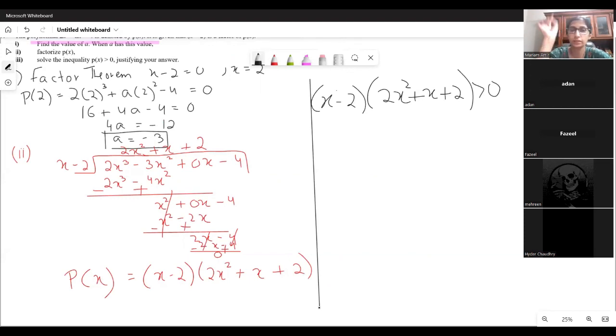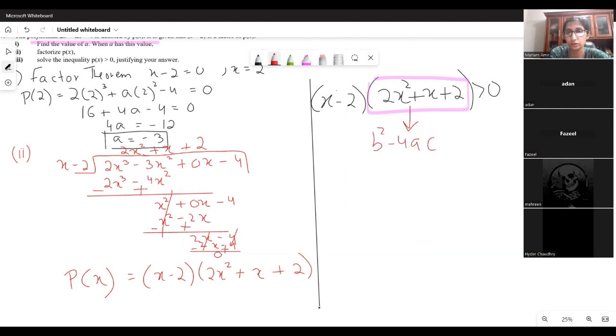Even to solve a quadratic inequality, you have to further factorize this. But in this question, it's not possible to further factorize this, and you already know that this will give a complex solution. So you must show that this gives a complex solution. So you will show that the discriminant is less than 0. b squared minus 4ac, which is 1 squared minus 4 times 2 times 2. What did that become? Minus 15.